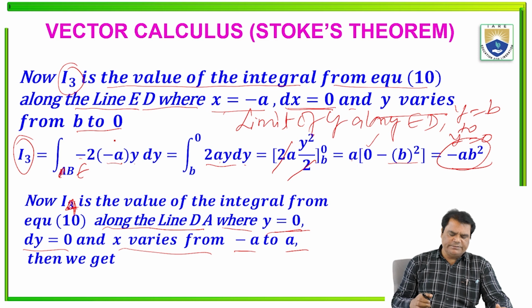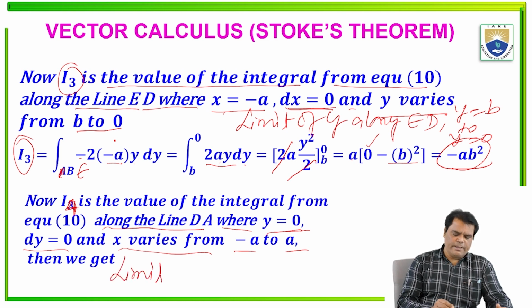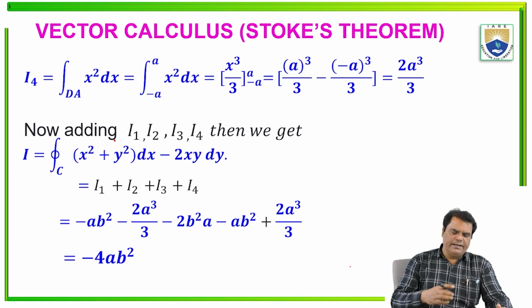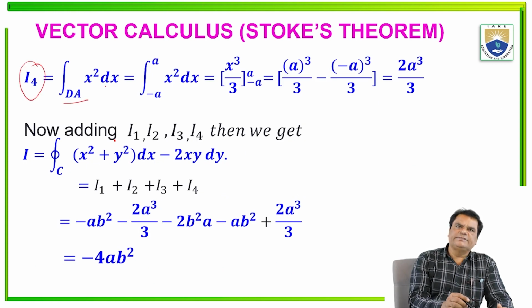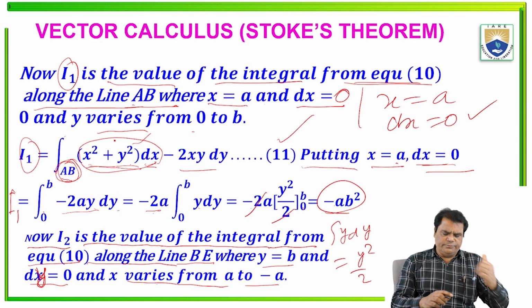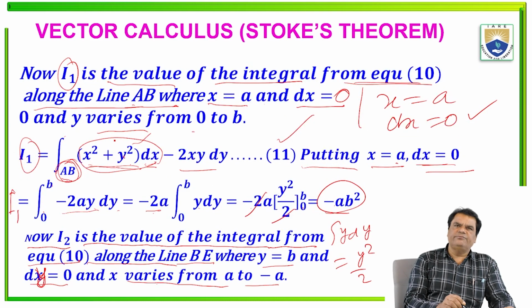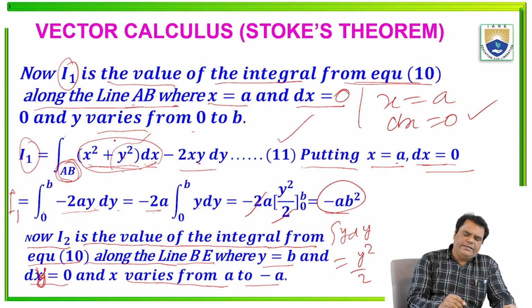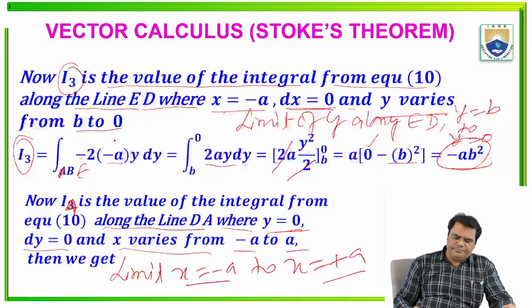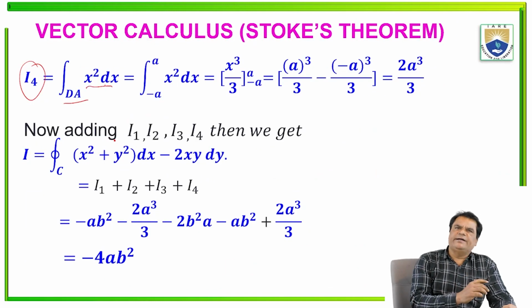So the limit of x is from minus a to x equal to plus a. This is the minimum limit and this is the upper limit. Now our integral I4 is the integration along DA, where y is 0. In equation 10, since y is 0, this term vanishes, and only the term x square dx remains.